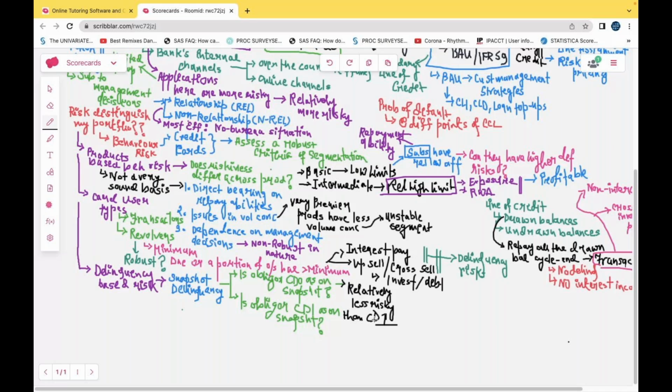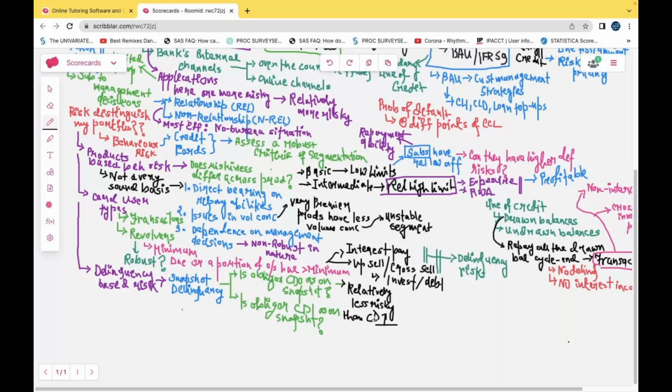So the non-delinquent segment can be further risk differentiated into more homogeneous subgroups. Out of these non-delinquent accounts at snapshot, how many in the last 12 months have at least once been CD1?